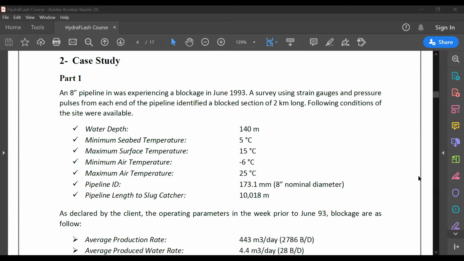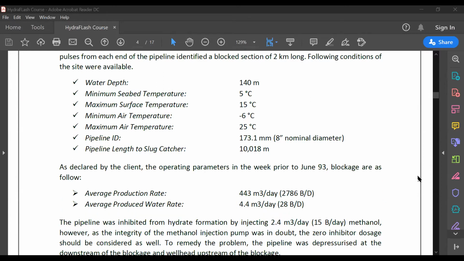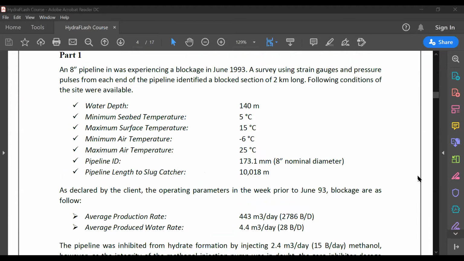So I suggest we go along with the Rami presentation, until I intervene later to talk more about the problem. They were thinking that because they didn't have the methanol injection pump, they had a serious hydrate problem. So I suggest you go a bit forward, and I'll come back to present more.